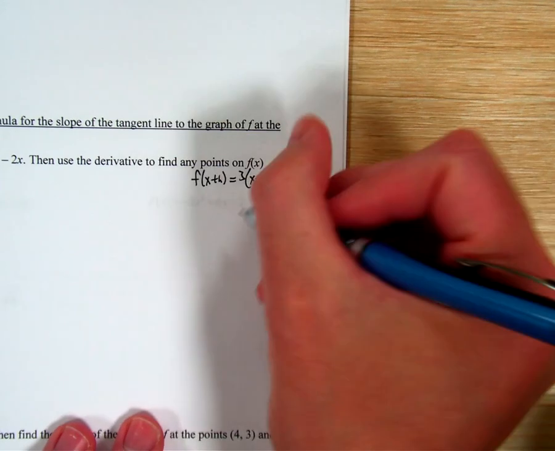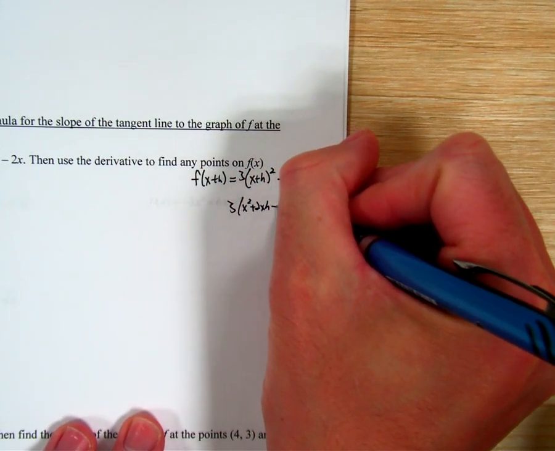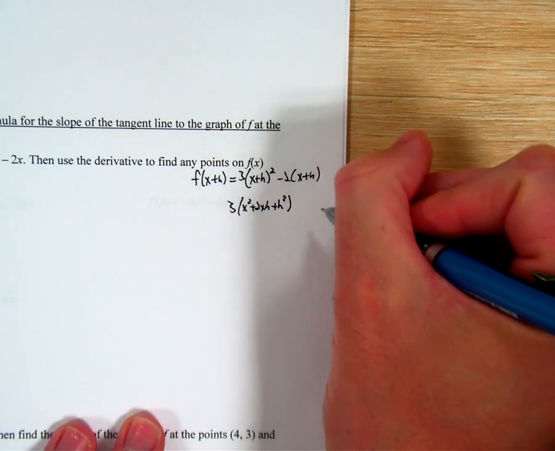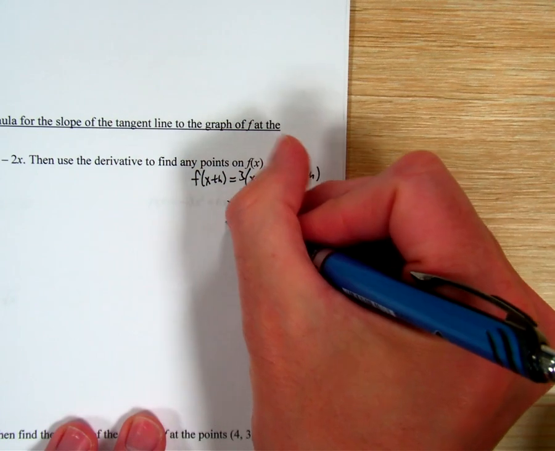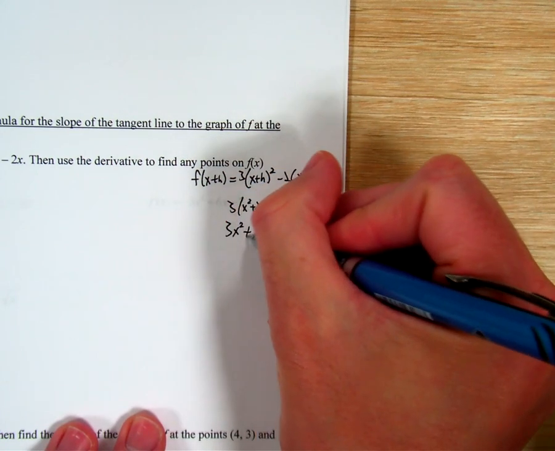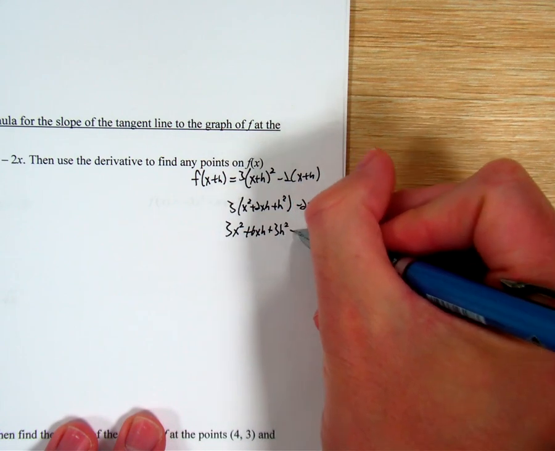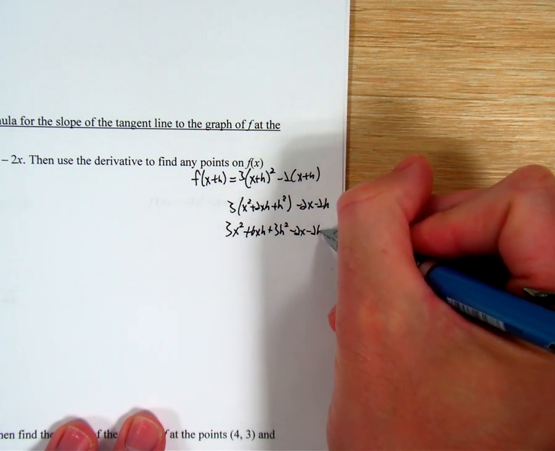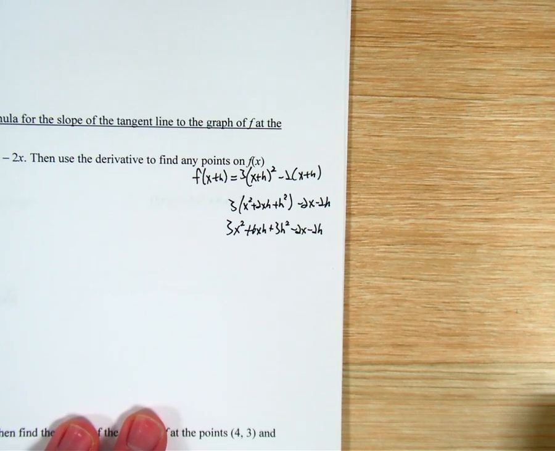All right, use our binomial squaring. We got x squared plus 2xh plus h squared. And I don't think we can combine any of that, so that's fun.